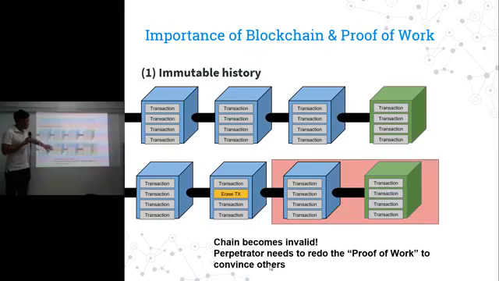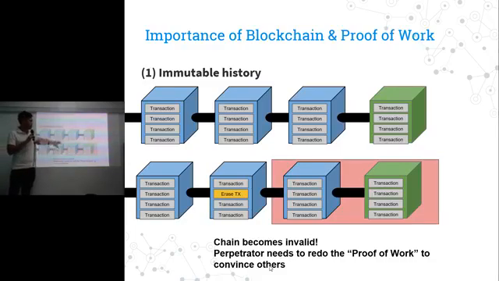But when you do that, because this thing is a chain, one block has to build on top of the other. So if he makes some changes here, it becomes very obvious that this chain is invalid. If he tries to go to the network and say, I want you guys to update your ledger based on this version, nobody is going to listen to him because this chain is invalid. So the only way for him to convince everyone that this is the true ledger is that he needs to create his own blocks.